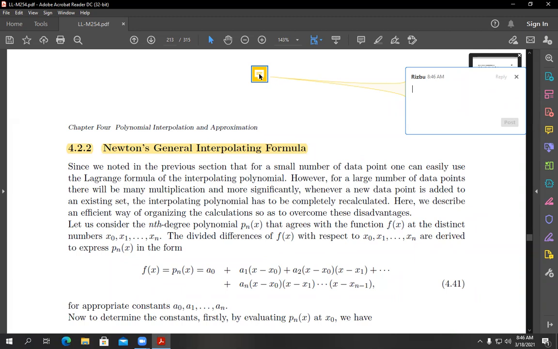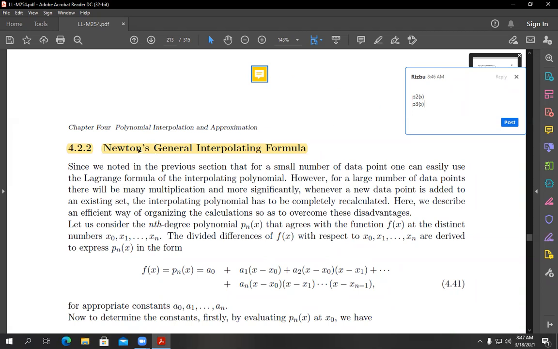The second problem is that sometimes we know the answer of degree 2, but we cannot use the answer of degree 2 when we need to calculate degree 3, because they are totally different.